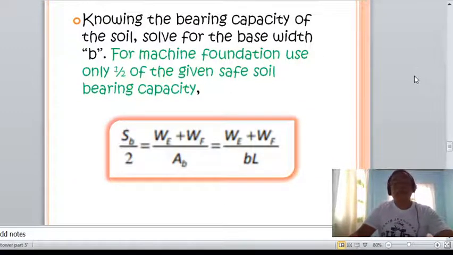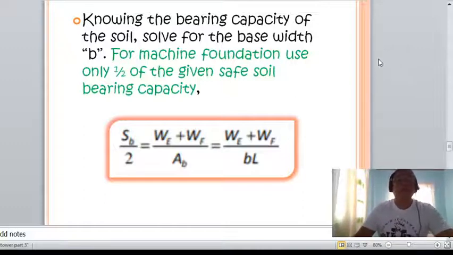So, here is now the formula. Knowing the bearing capacity of the soil, solve for the base width of the machine foundation. Use only 1/2 of the given safe soil bearing capacity. If you already have the value of the soil bearing capacity, just divide it by 2. That is now the safe bearing capacity that you will use.